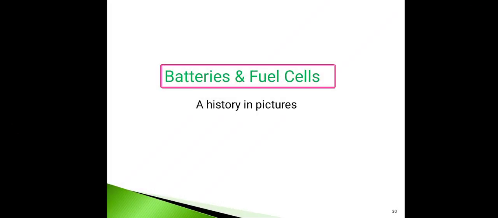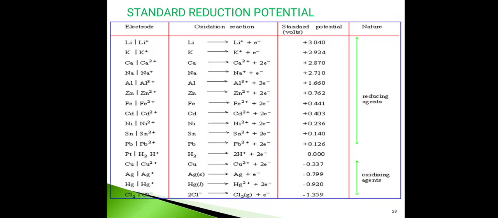Next we have different types of metals, and in the middle we have hydrogen, which has 0.000 volts. On the last side we have fluorine, which has the highest negative value, around -3, and chlorine is with -1. From the top to hydrogen, all values are positive.